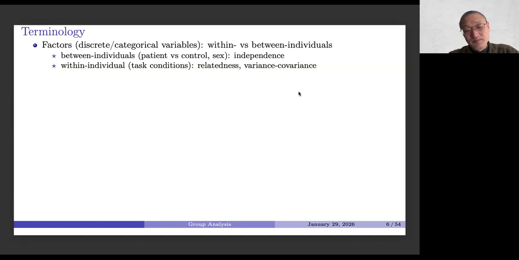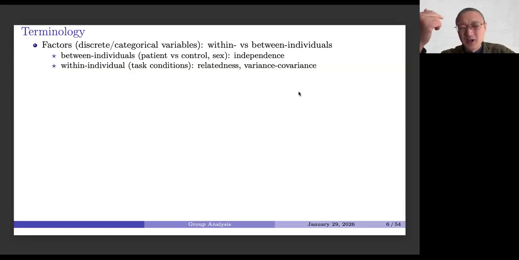We categorize those as between individuals. Then within-individual factors are typically task conditions. Suppose we have an emotion factor with 3 levels: happy, sad, and neutral. So we have the concept of different levels. What's the difference between between-individual and within-individual? From the modeling perspective, between-individual levels are independent of each other.